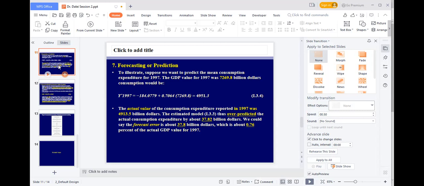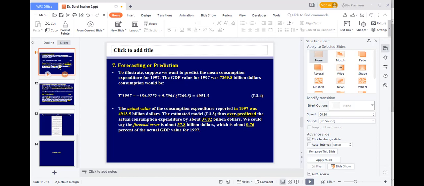In place of x, replace x by the income amount for the year 1997, and you will be able to get the consumption expenditure for the year 1997, which here is coming out to be 4,951.3.